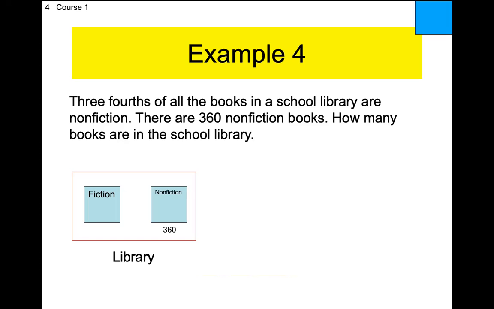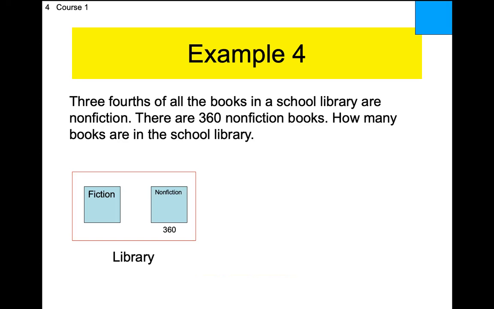1/4 of what? See what I mean? If I told you there were 1,000 books in the library, 1/4 of that would be 250. We could do that calculation. It would be simple. But what I don't know is how many books are in the library, so I have two variables potentially.